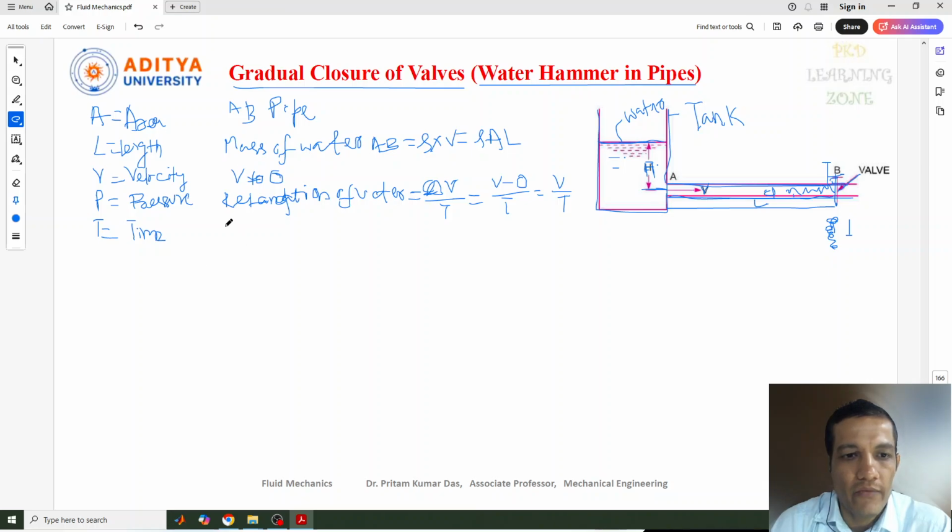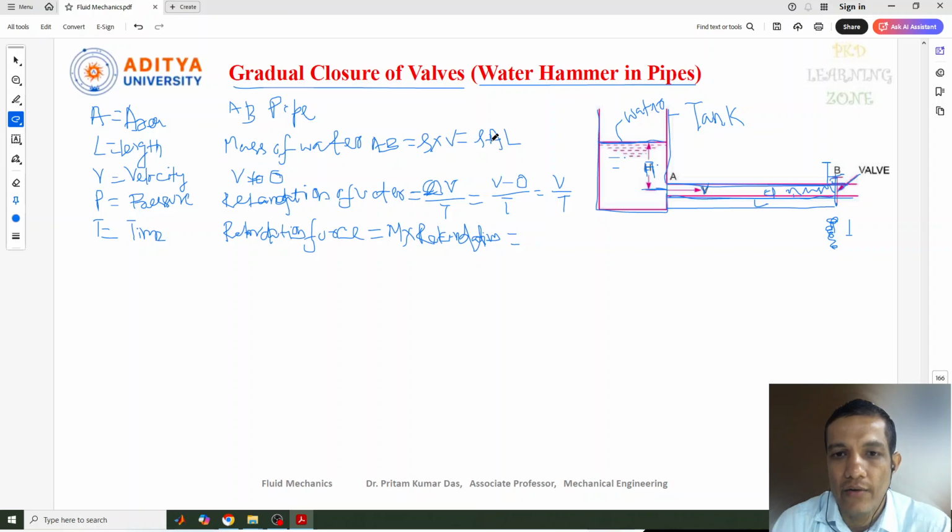Similarly, we can find out the retardation force. Retardation force you can also say is a resisting force, to make this velocity 0. What is the retardation force? That is nothing but mass into the retardation we found in the previous step.